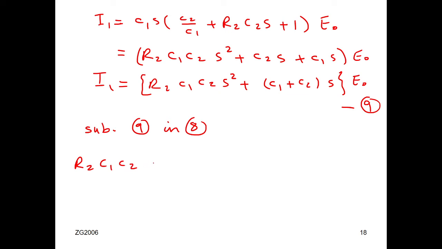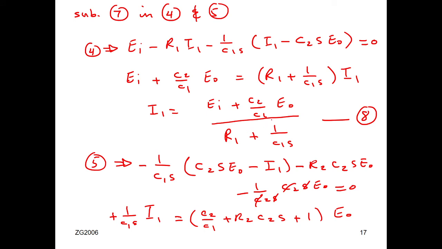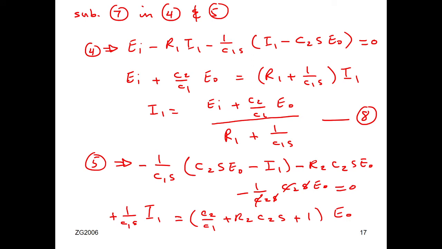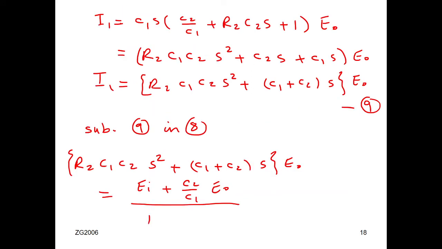C1 C2 S square plus C1 plus C2 S multiply by E out equal to, let me write it from here because we need the space, EI plus C2 over C1 E out, R1 plus 1 over C1S, R1 plus 1 over C1S.